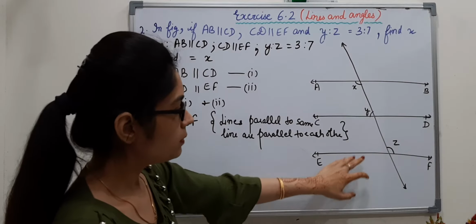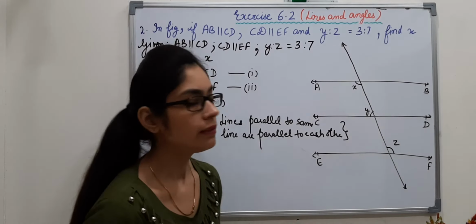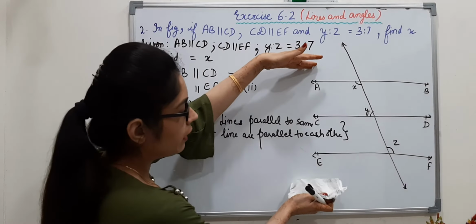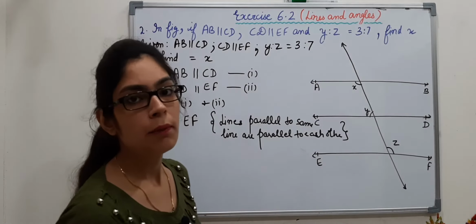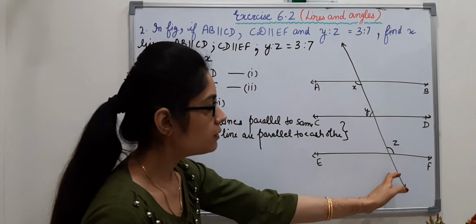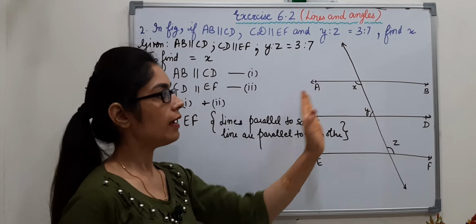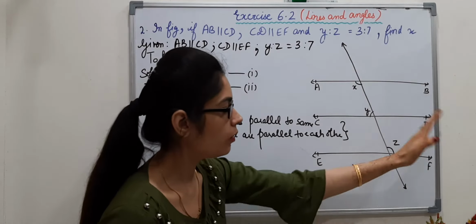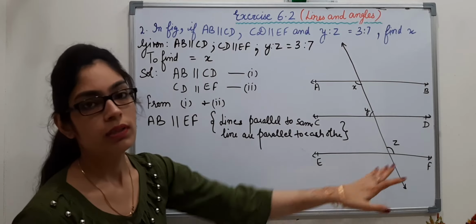So if you observe, you can see x and z are forming a pair of alternate interior angles. See, these two angles are on the inner side of the parallel lines, and on the opposite side of the transversal. x is on the left side of the transversal and z is on the right side of the transversal.